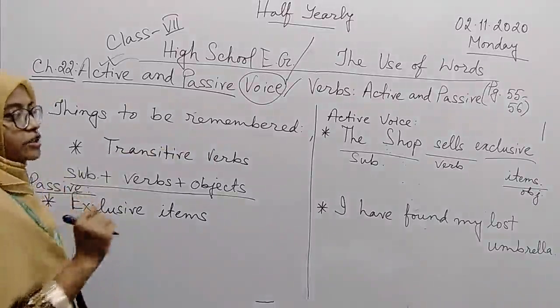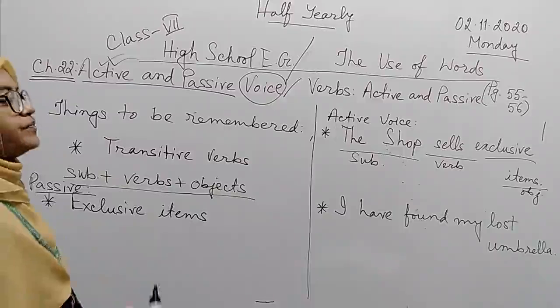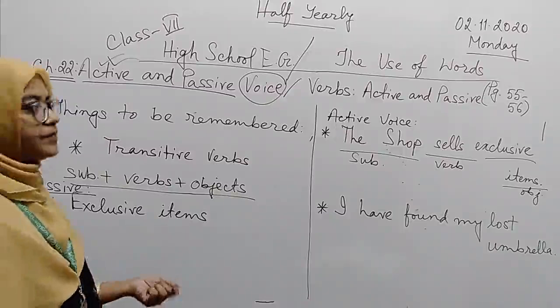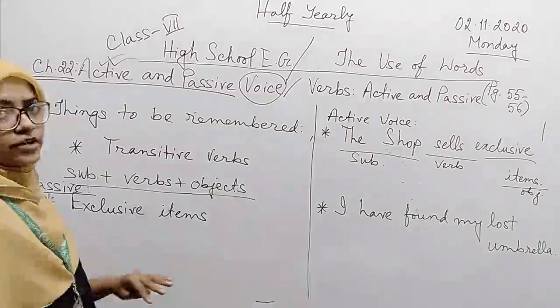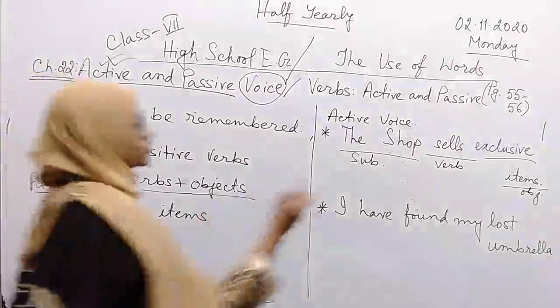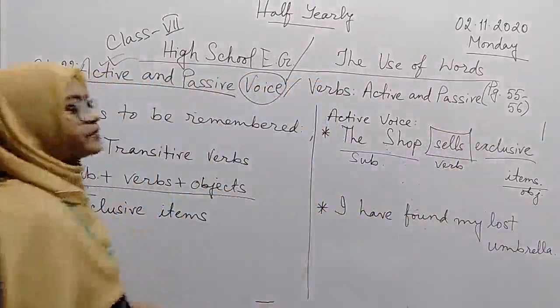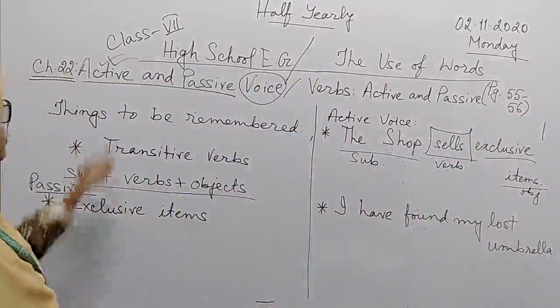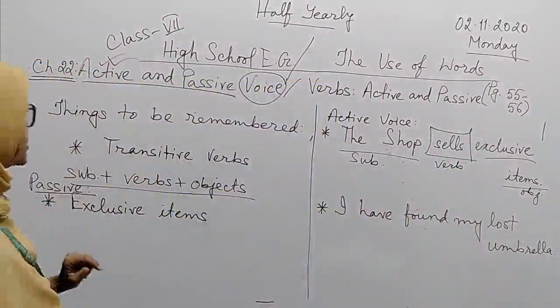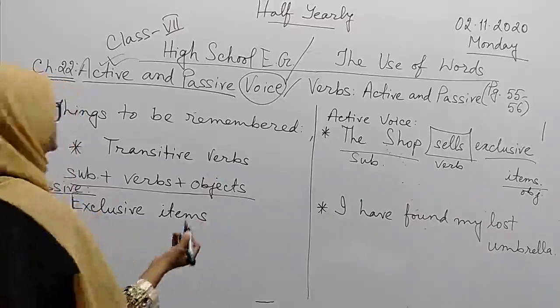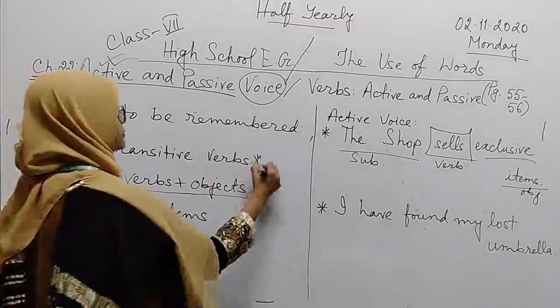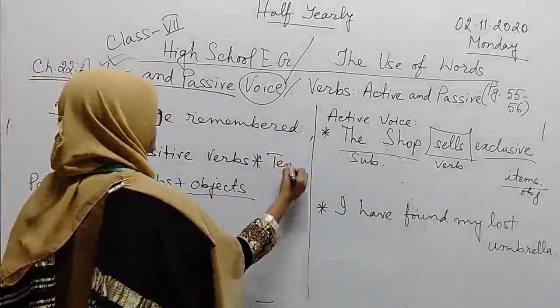We have to add auxiliary verbs, or verbs to be in different forms, depending on the tenses of the verbs. So, in things to be remembered, another thing will be the tenses.